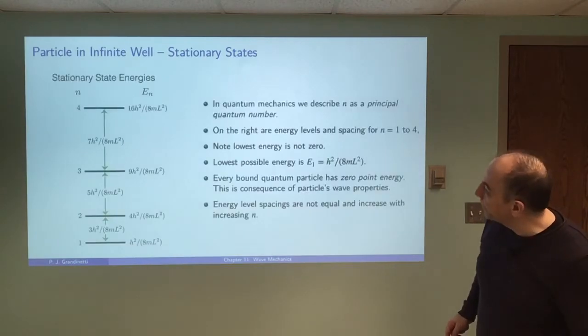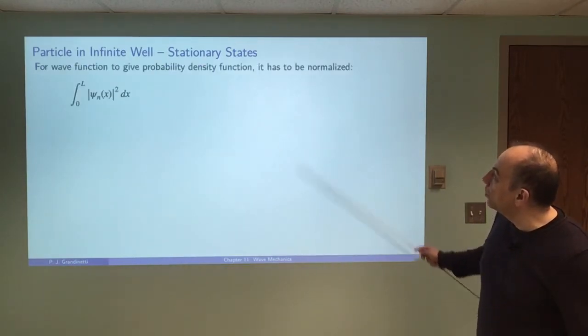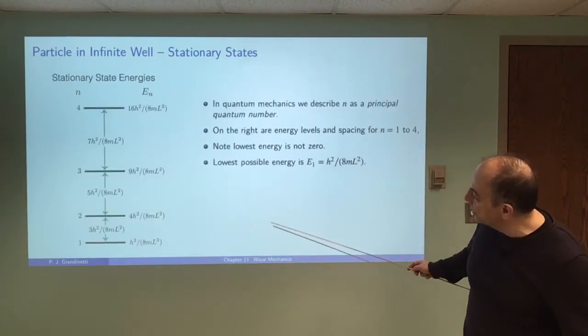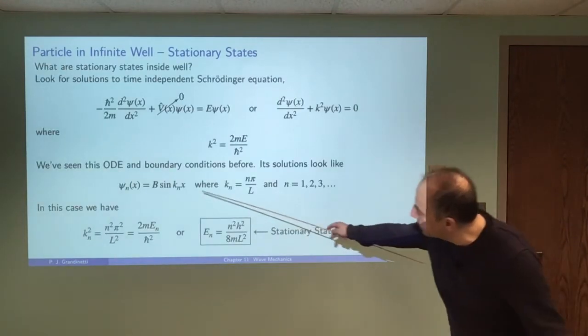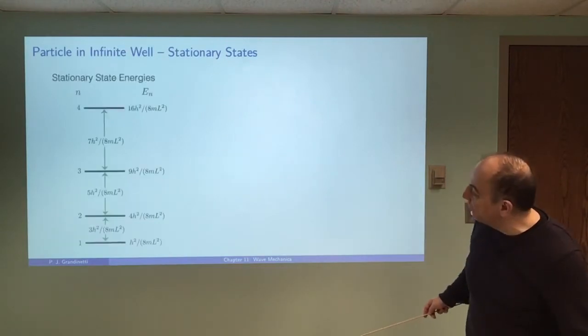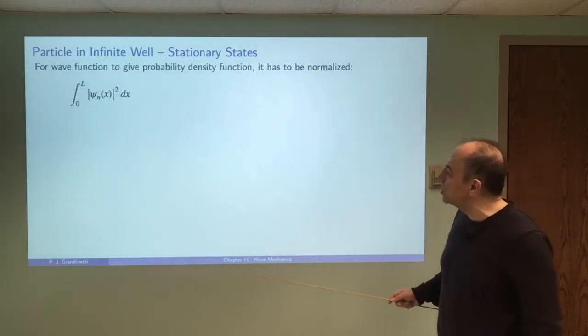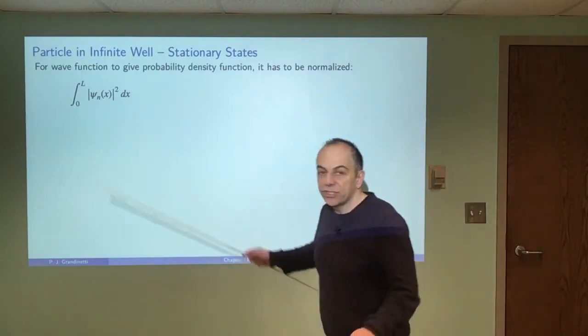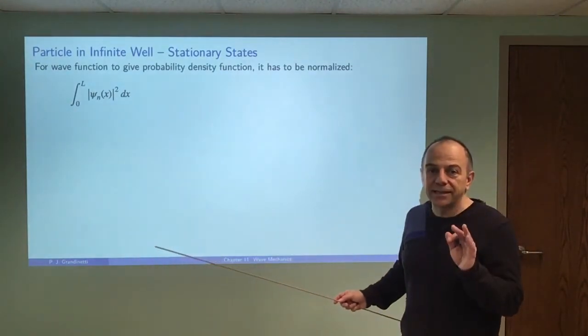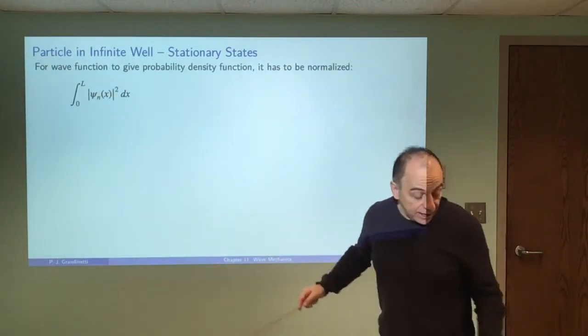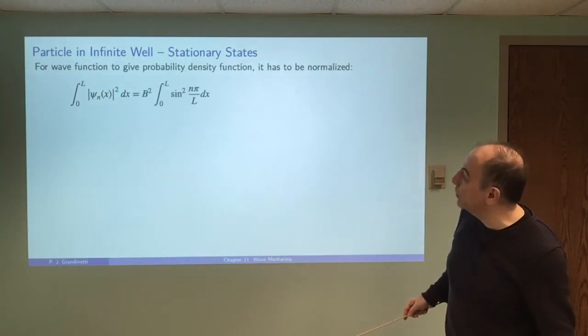So let's then look at the wave function. We looked at the energies, and now let's go back to this wave function and finish the job, so to speak. What we want to do is make sure that our wave function gives a proper probability density when it's squared. So we know that our wave function squared and integrated over all space should be equal to 1.